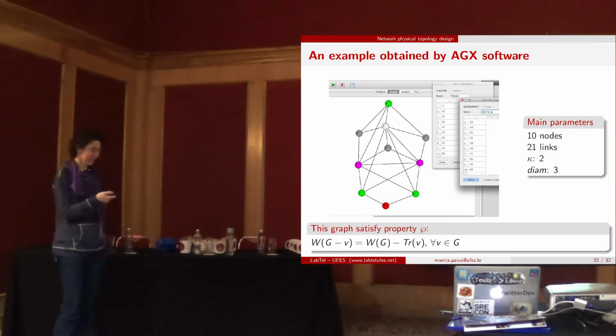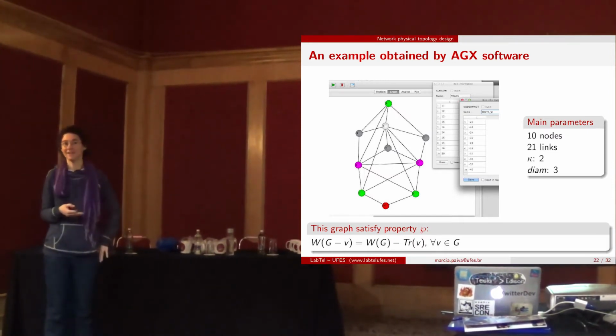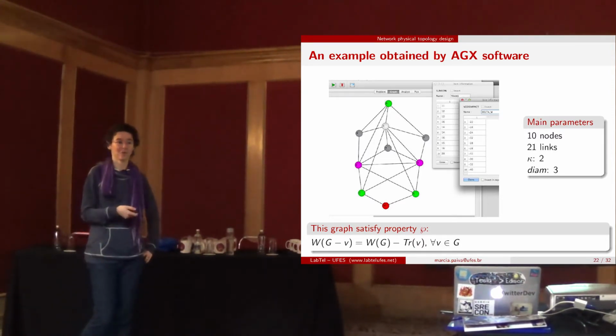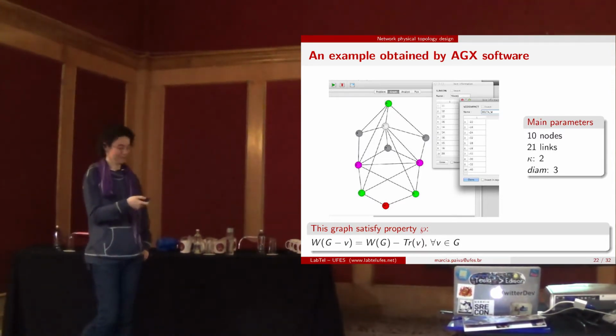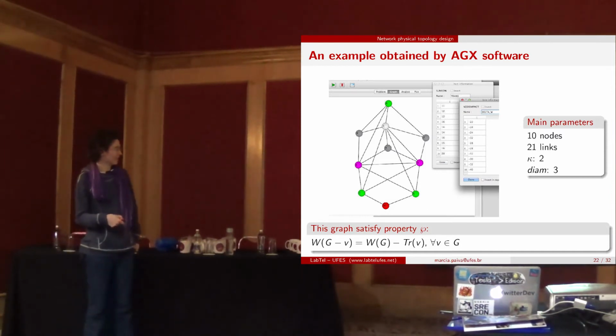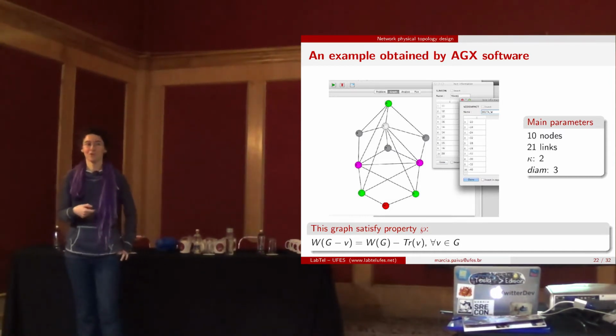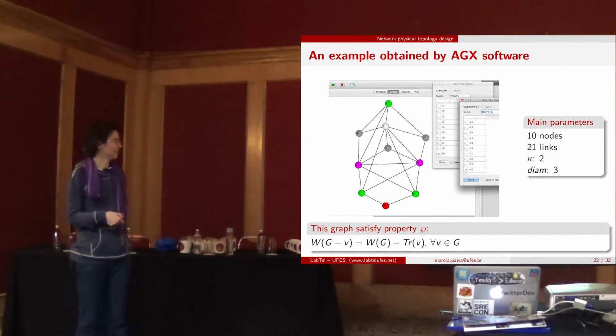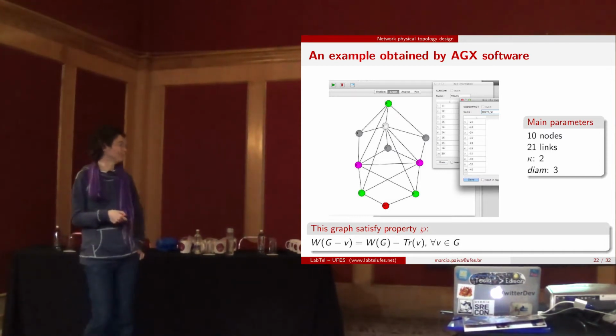That is a software that designs a graph from graph invariants. So to get this solution, we have implemented that function, this one, and then we ask the software to find a graph that satisfies that. And it found this solution.